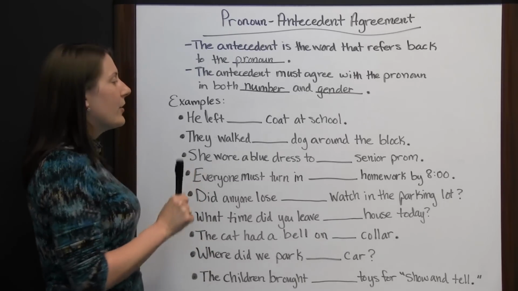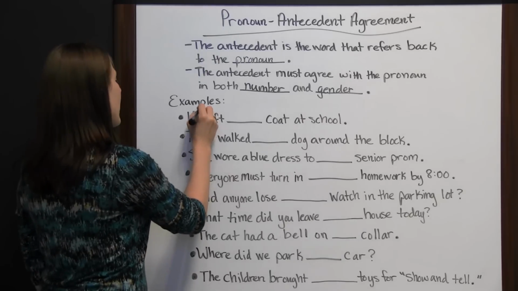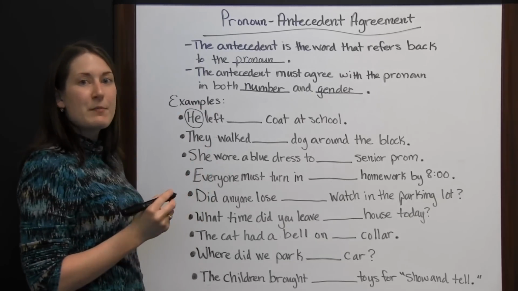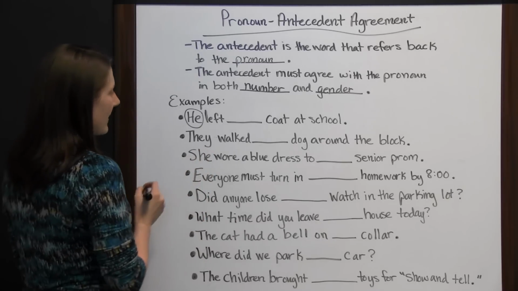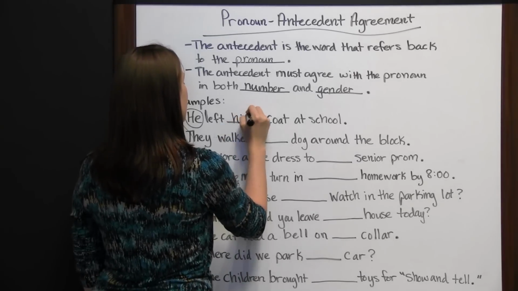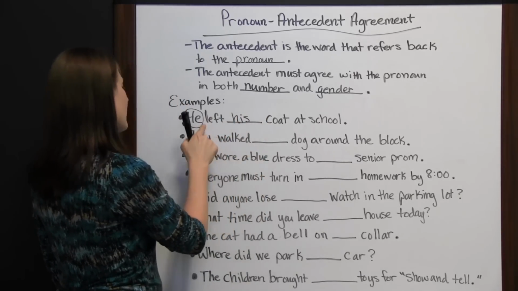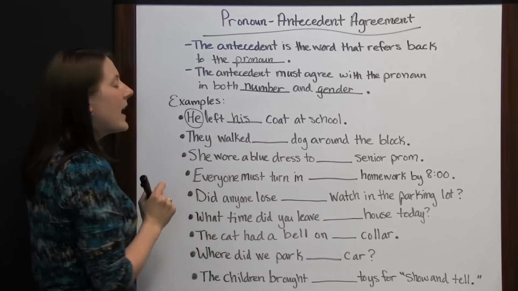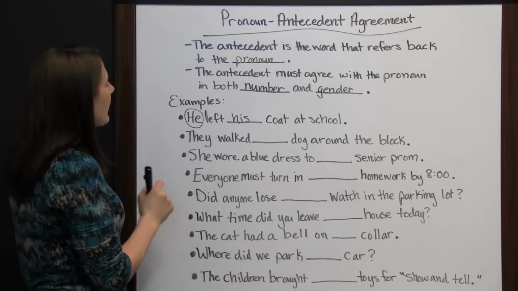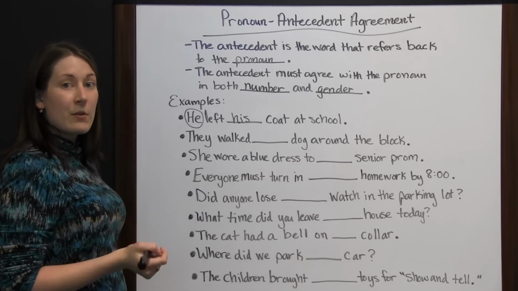He left blank coat at school. Our pronoun is he. He is both masculine and singular, so we need a pronoun that fits that. He left his coat at school. His goes along with he because it is both showing masculinity and singular. They walked blank dog around the block.